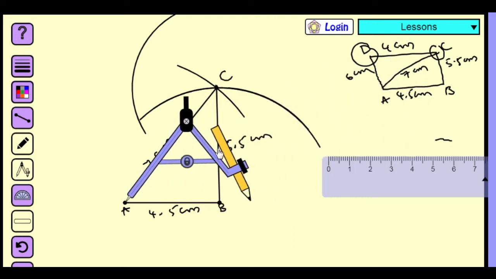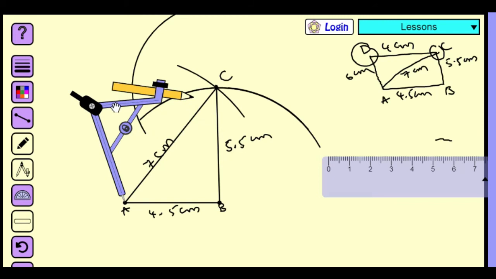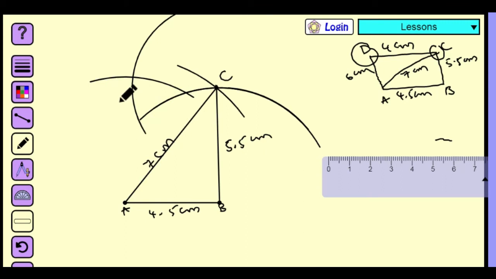Now with A as the center, draw an arc which cuts the previous arc at point D. Now join A to D and C to D to get the required quadrilateral ABCD. Now C to D we have 4 centimeters and A to D 6 centimeters.